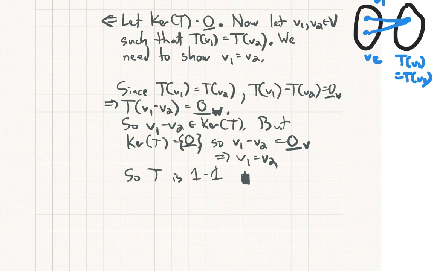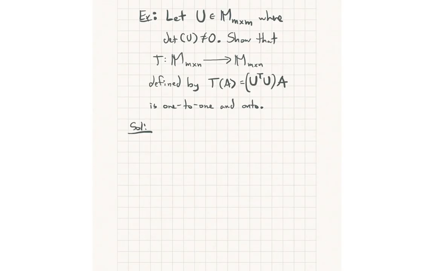And the second fact, that one-to-one linear transformations have a trivial kernel, that's very useful to show that a function is one-to-one. It's a lot easier to show that the kernel is trivial a lot of times than it is to show that the function itself is one-to-one. Okay, so let's look at this particular function.